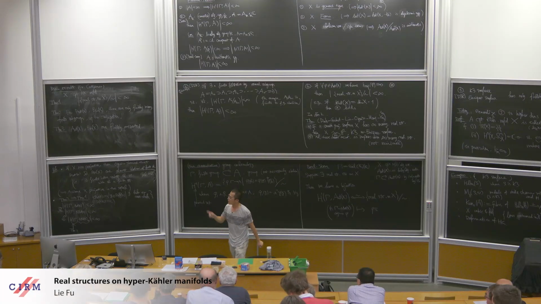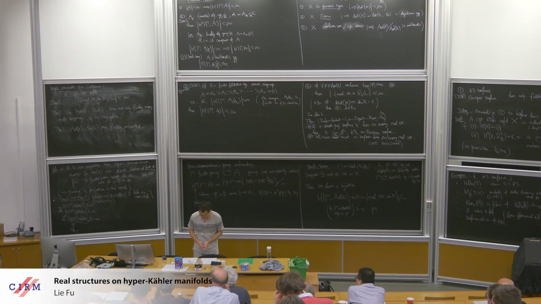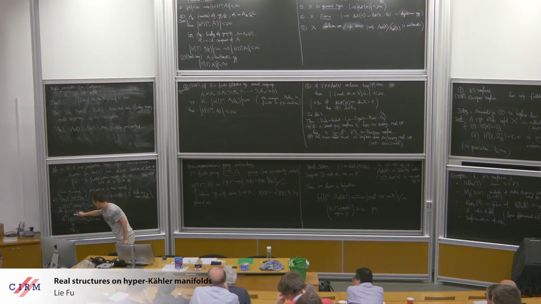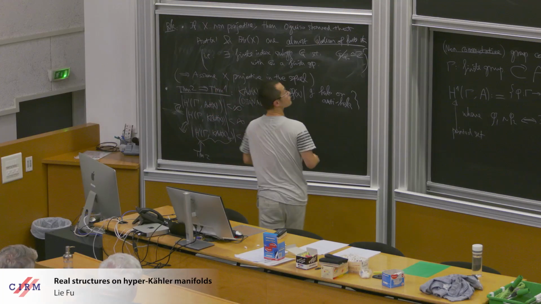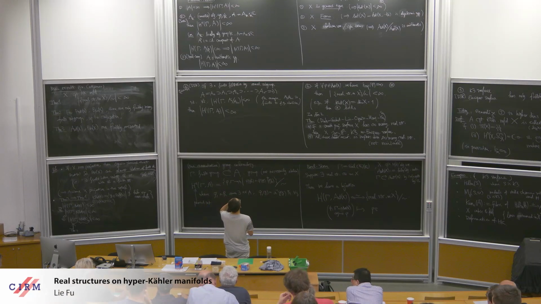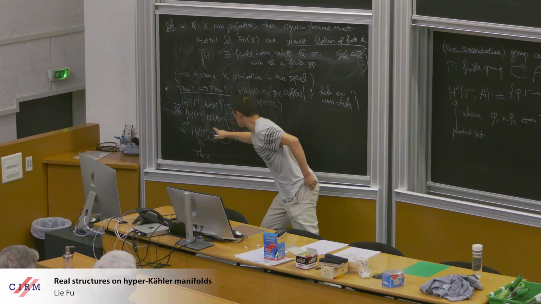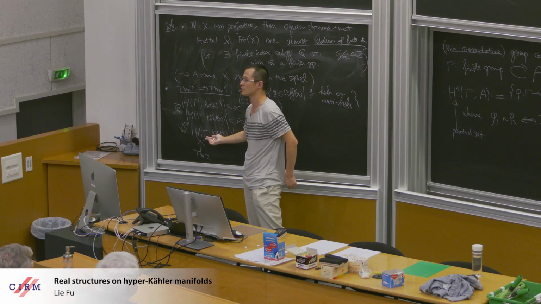Why, if it has a finite number, why is this cohomology finite? Theorem 2 implies that this group is finite. Yes, this is by definition. This is cocycles modulo some relation.